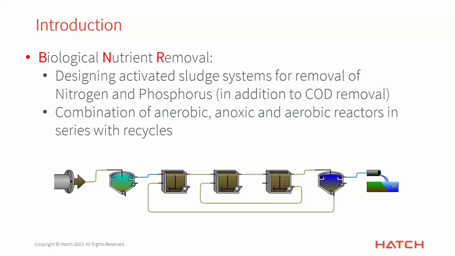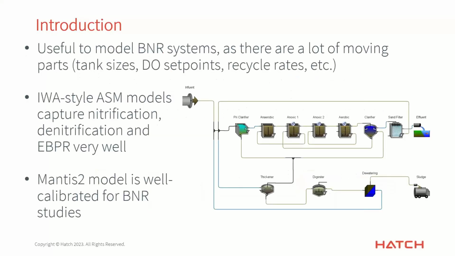Some are more efficient for different types of influent than others. But generally the idea is you're going to have a bunch of CSTRs in a row that are of different conditions. And when the biomass moves through them, hopefully you're going to get the right kind of growth under the right conditions to optimize the removal and conversion of various forms of nitrogen and phosphorus.